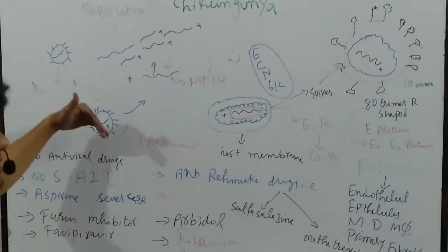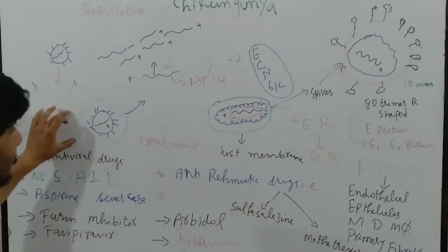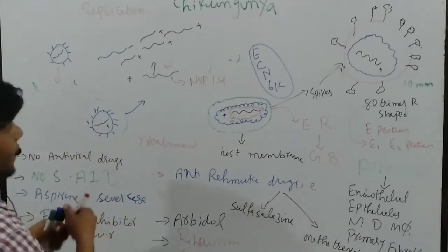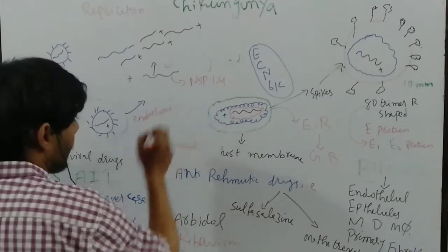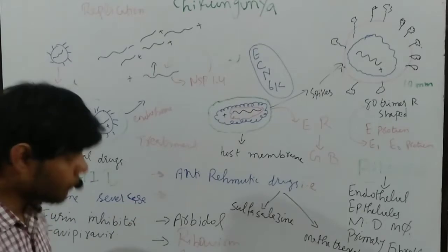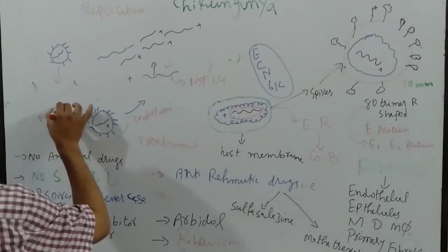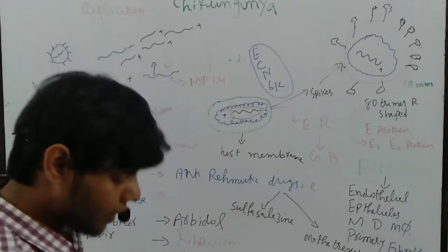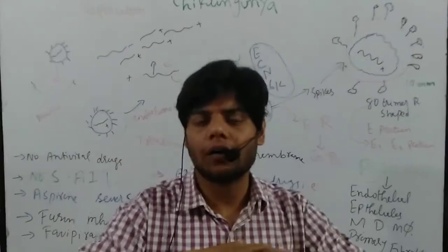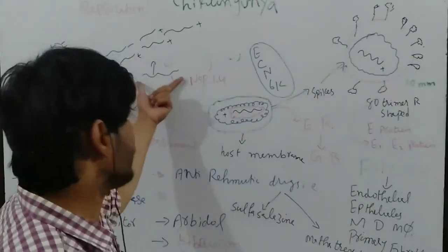Once they are internalized through the endocytosis-mediated pathway, they make endosomes. So this is the endosome. After that, the pH of the endosome is slightly acidic, due to which the nucleocapsid and capsid protein are removed or disrupted, and finally we get the positive mRNA.